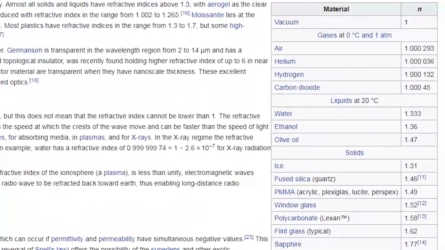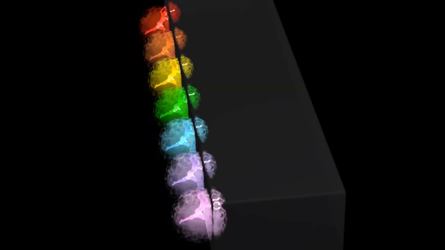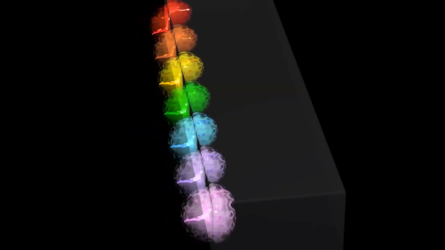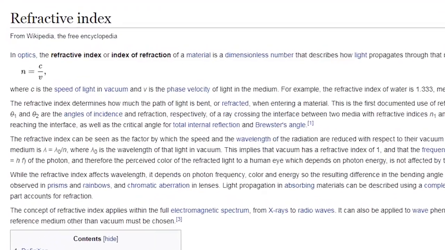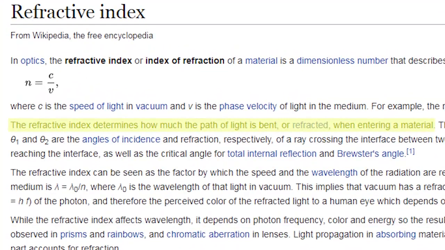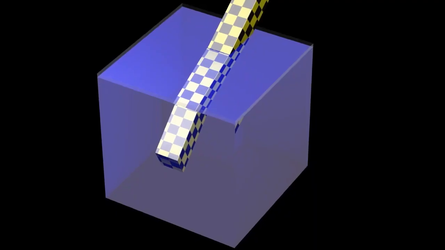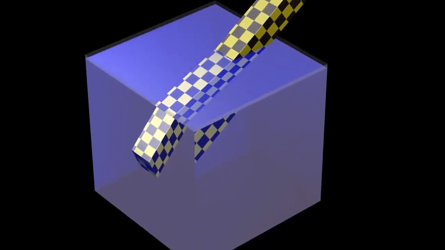For example, the refractive index of water is 1.333, meaning that light travels 1.333 times faster in a vacuum than in water. When light waves enter a medium such as water, prism, or air, it will bend. The refractive index determines how much the path of light is bent when entering the material. The greater the refractive index, the greater the bend.